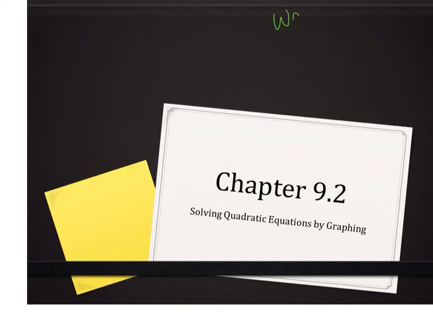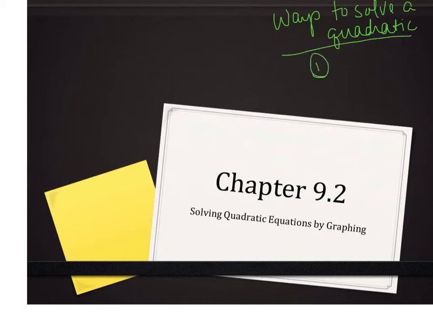So the great thing is that you already know 2 ways to solve. Way number 1 is by factoring, which is most of what we did in Chapter 8, and that uses the zero product property we talked so much about.